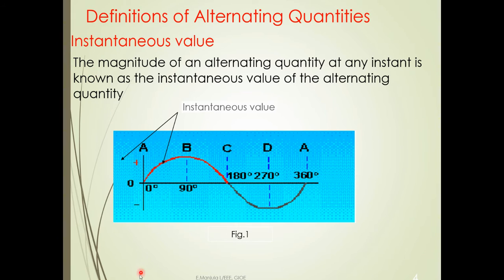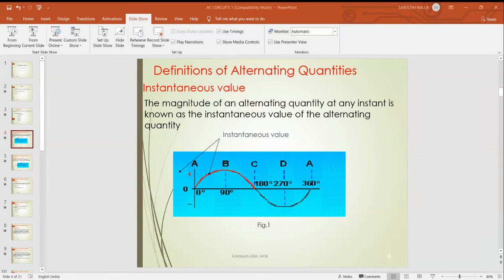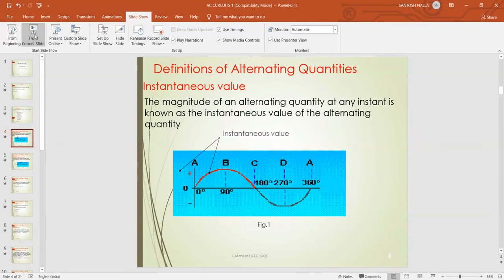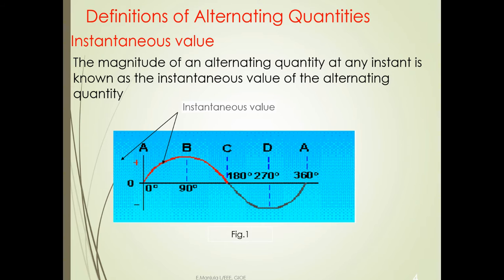So here, the magnitude of an alternating quantity at any instant is known as the instantaneous value of an alternating quantity.